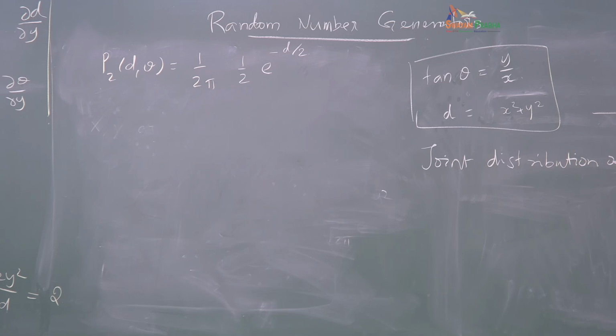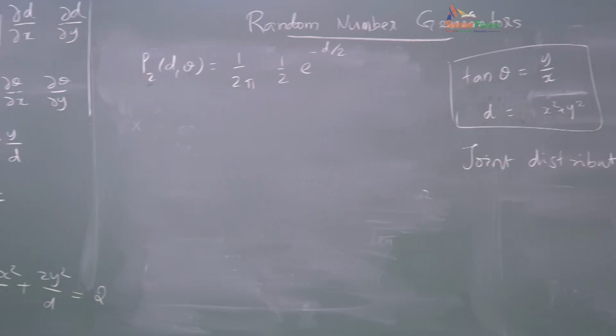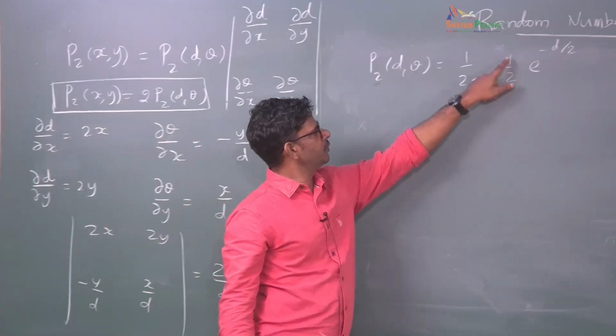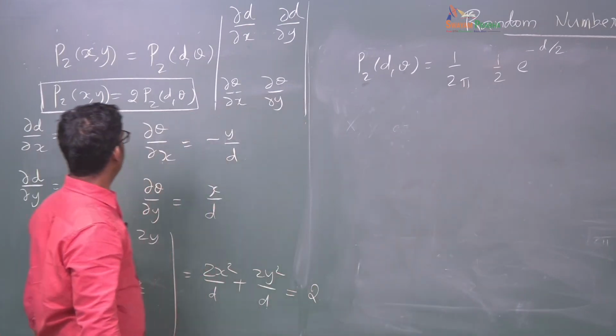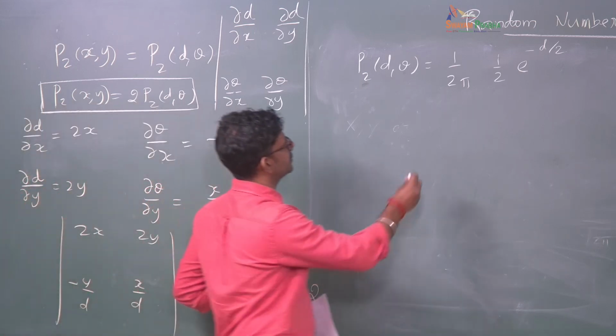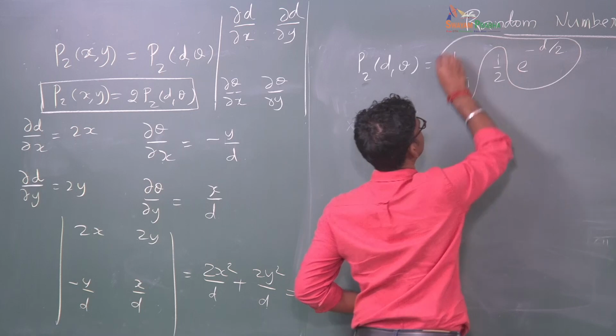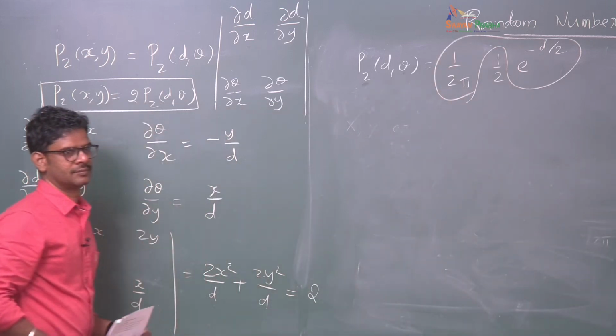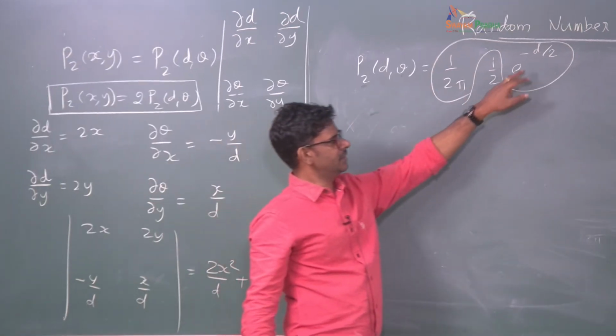So what I am doing here is writing P2 of d comma theta as 1 by 2 times P2 of x y. P2 of x y is nothing but 1 by 2 pi e power minus d by 2.